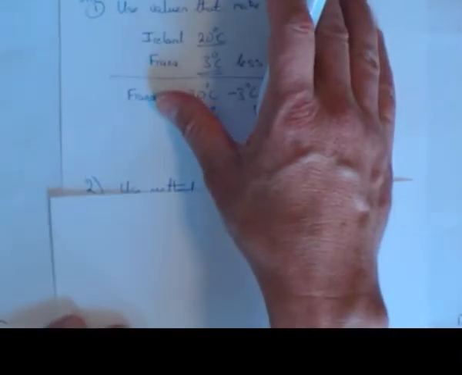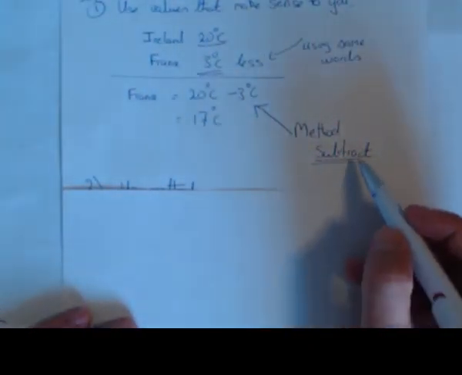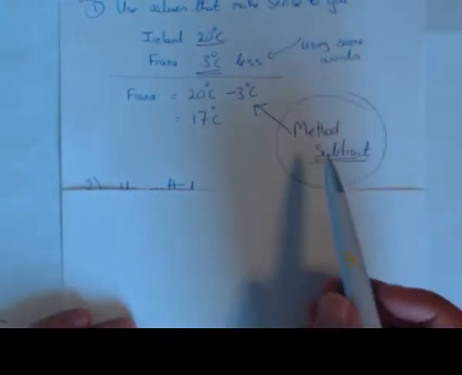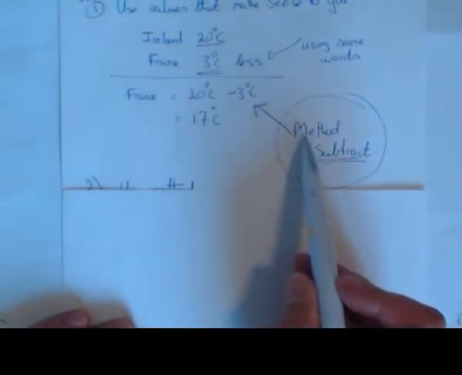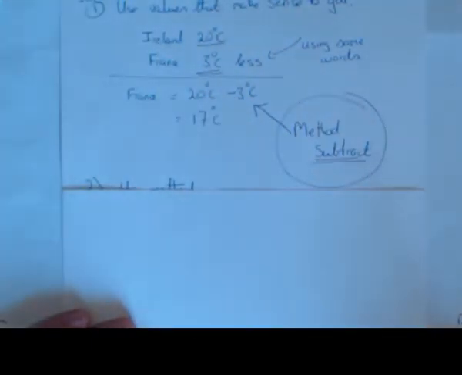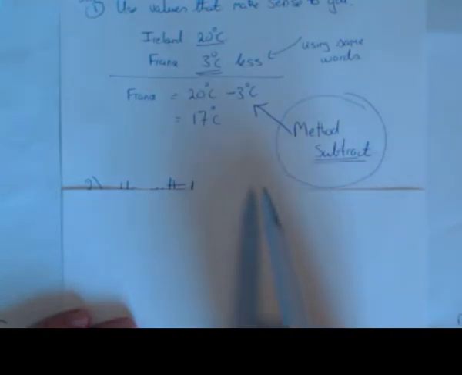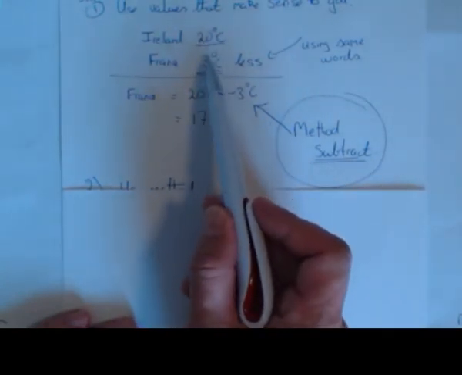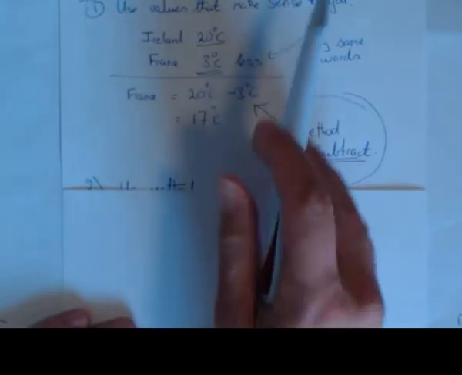The important thing here is not how difficult the question is. The important thing is that you realize what your method was. Your method was to take the temperature in Ireland and subtract how much less it was in France. The temperature in Ireland is 20. It's 3 degrees less in France, so it's 20 subtract 3 degrees.